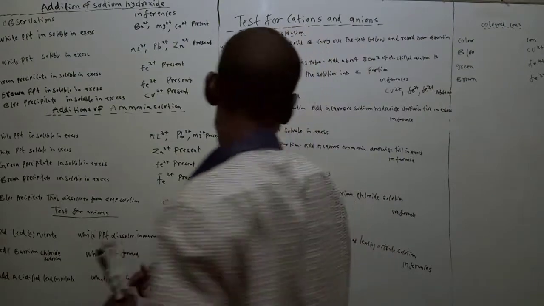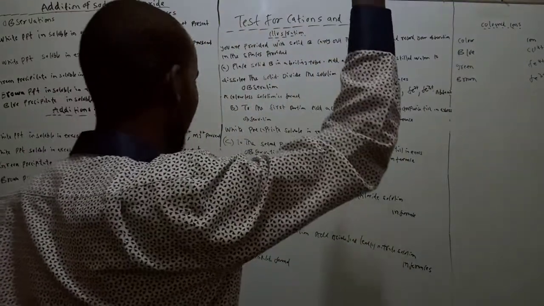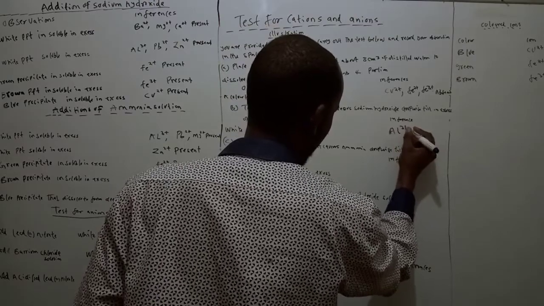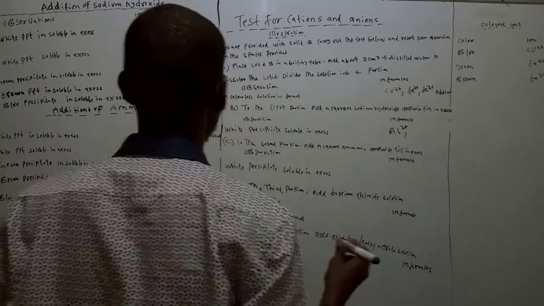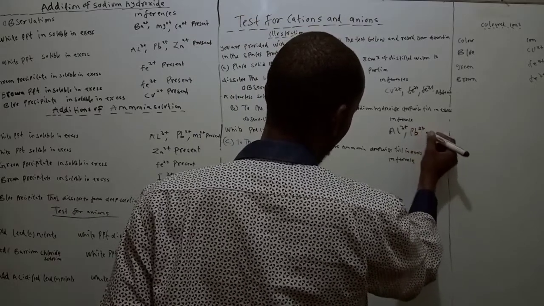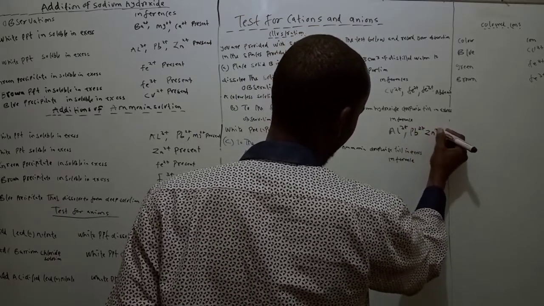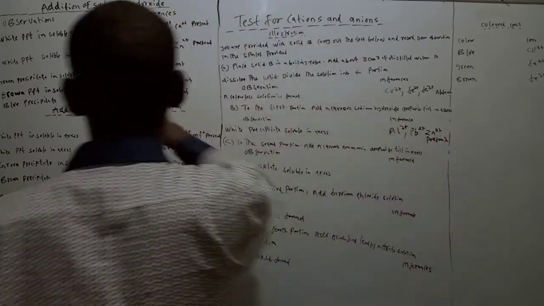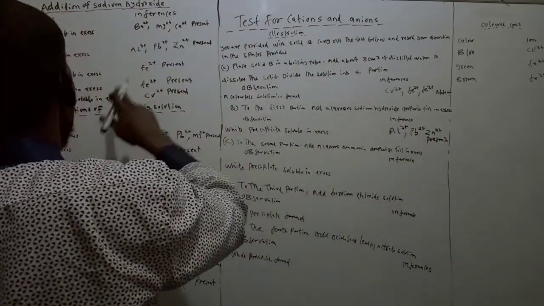Now in the inference we say we have aluminium ion, lead ion, then zinc ion present, because it is sodium hydroxide and it is soluble.